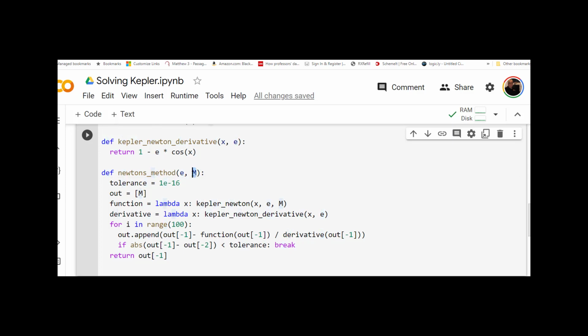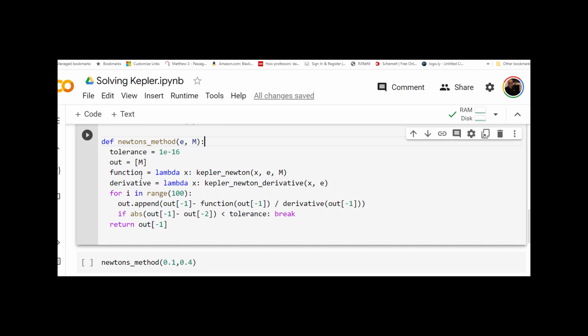It'll have E and M be the parameters, and then I have lines where I put the function in and the derivative in, and then I go through iterating, and again I am going to put it through a loop a maximum number of times, and so of 100.